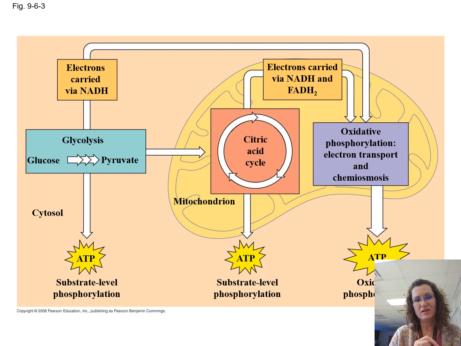When glycolysis gets stalled without oxygen, that's fermentation. When it is able to go through the other steps of cellular respiration, then it becomes cellular respiration. We have different levels of phosphorylation that give us different amounts of ATP, but we'll go through this as we go.